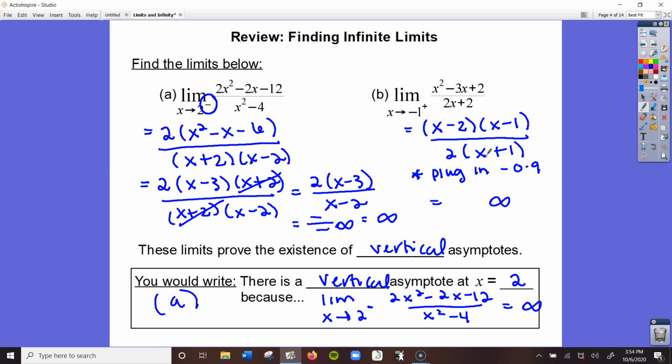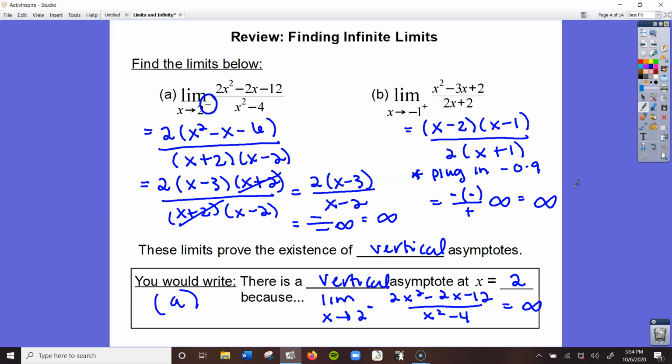So when we plug in negative 0.9, in the numerator, you would have negative 0.9 minus 2, which is a negative, times negative 0.9 minus 1, which is also negative. And then we would divide that by 2 times negative 0.9 plus 1, which would be positive. The numerator would give you a negative times a negative, which is a positive, and if you divide it by a positive, we get a positive infinity.